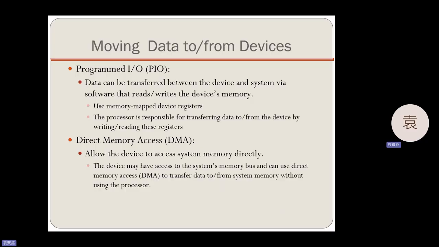When the system bus becomes free, then the device will get control. And so the bus controller needs to be able to resolve this access conflict between the CPU and the device.